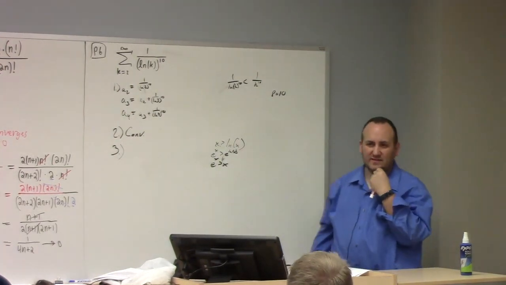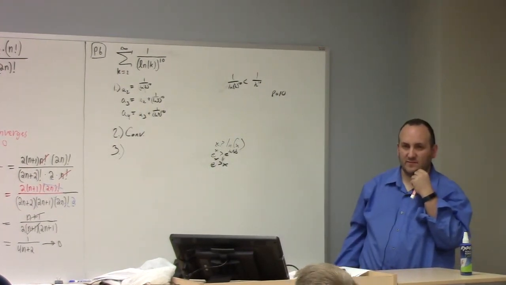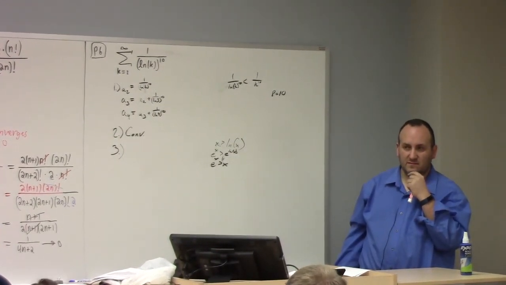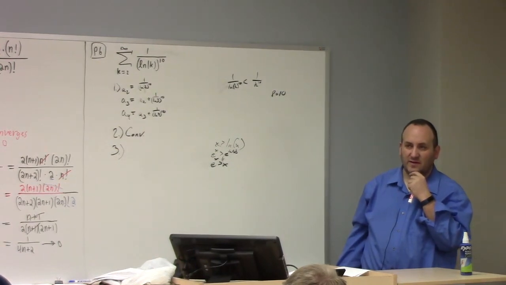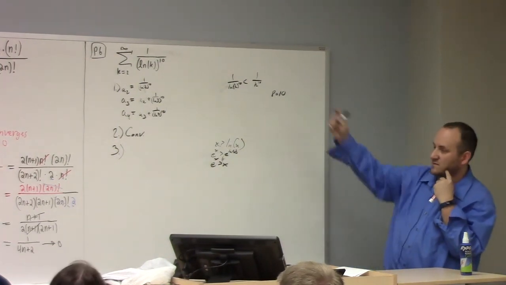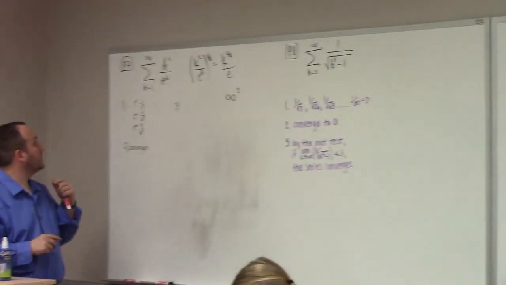I tend to think that this is divergent because I think 1 over log to the 10th power is still not growing as fast as k. I could be wrong, but I don't think log grows that fast, and so I think this is worse than the harmonic series. My intuition is that this diverges, but I'll have to think more about problem 6.